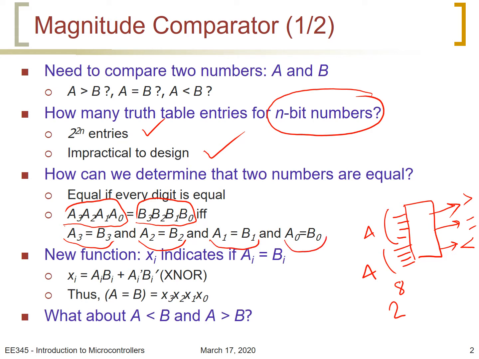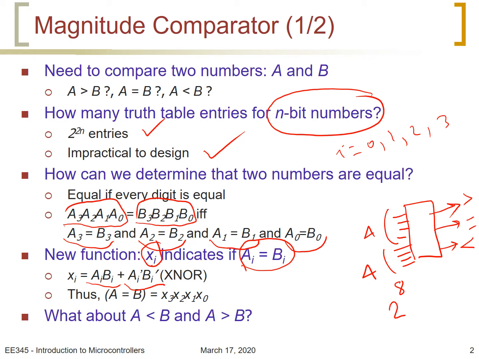Therefore, to simplify our life, we define a new function. We call it xi, where i is equal to 0, 1, 2, and 3. And we say that Ai equal to Bi means xi is true, which means xi equals Ai Bi, or Ai prime Bi prime.